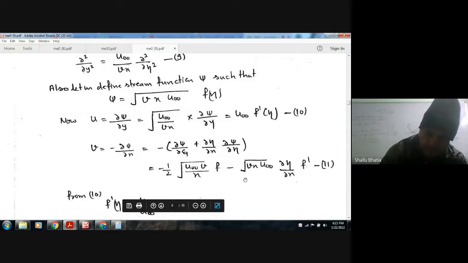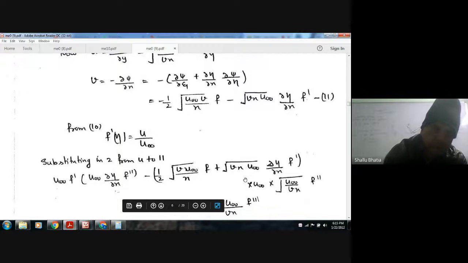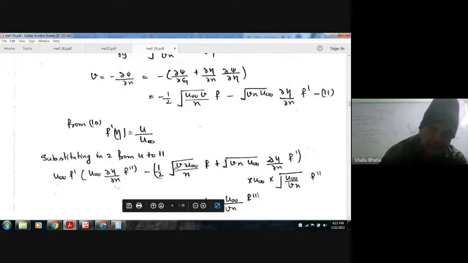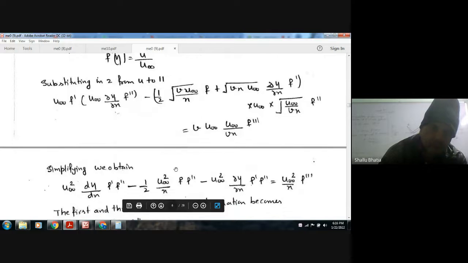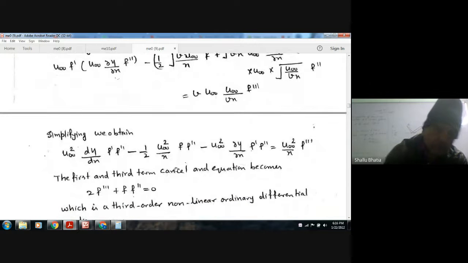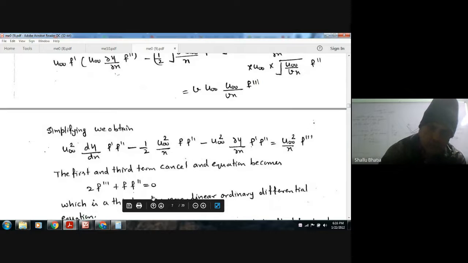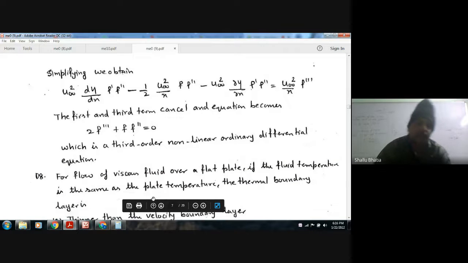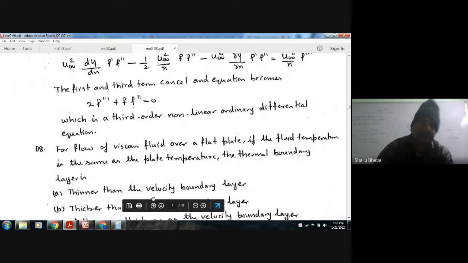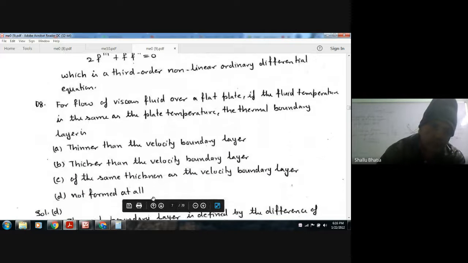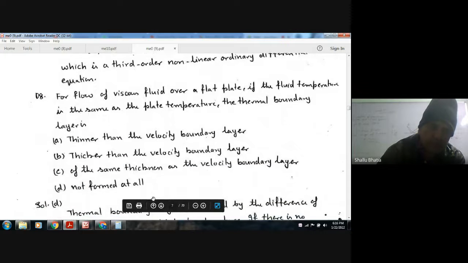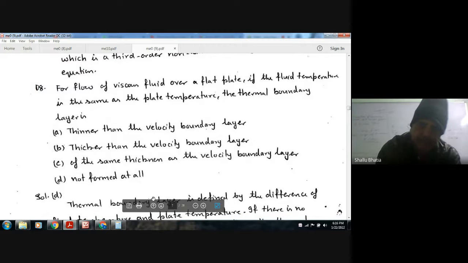Now putting all these quantities in equation number 2, we get a third order non-linear ordinary differential equation.